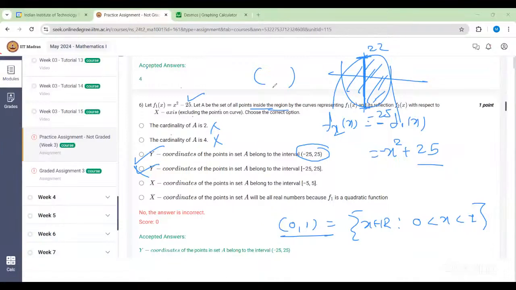In the fourth option, there is another bracket, which is a closed bracket, so it includes minus 25 and 25. Since they are saying inside, they are excluding the points 25 and minus 25.